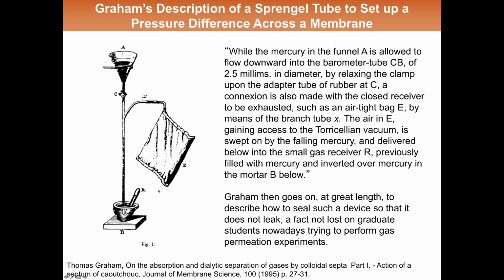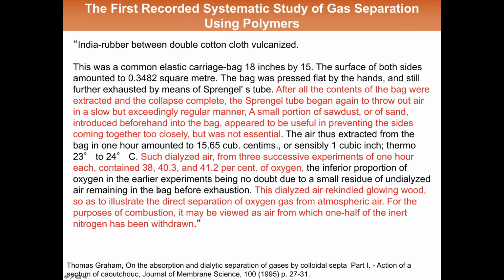So he found that his bag was not, quote-unquote, airtight, but that air continued to go into that bag and was then removed by this Sprengel tube device. And he noted that what he called dialyzed air, which is the air that has been transmitted through the walls of this bag, had 38, 40, and 41.2% oxygen.